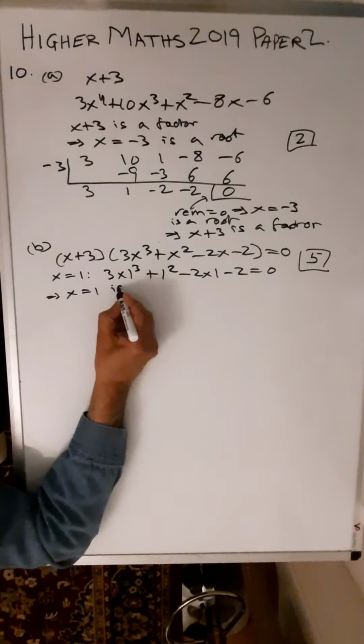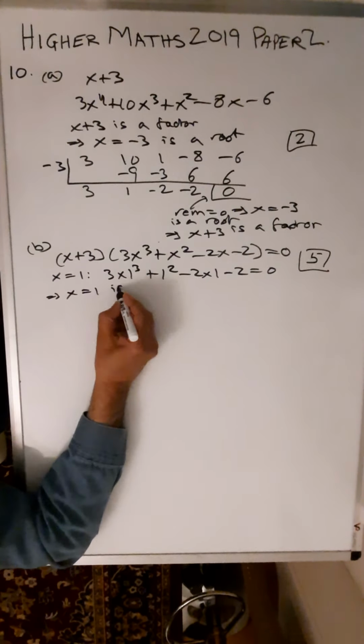You can use synthetic division again with x equals 1 being the root. Again, you're going to use the coefficients of this cubic: 3, 1, minus 2, minus 2. Bring the 3 down. 3 times 1 is 3. 3 plus 1 is 4. 4 times 1 is 4. 4 minus 2 is 2. 2 times 1 is 2.